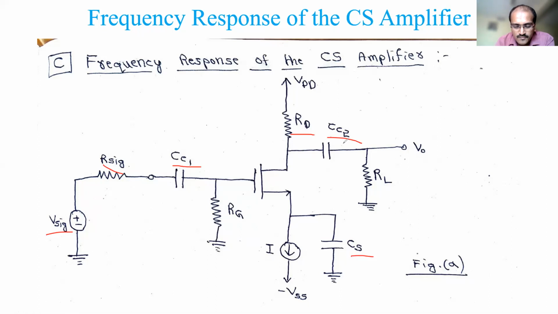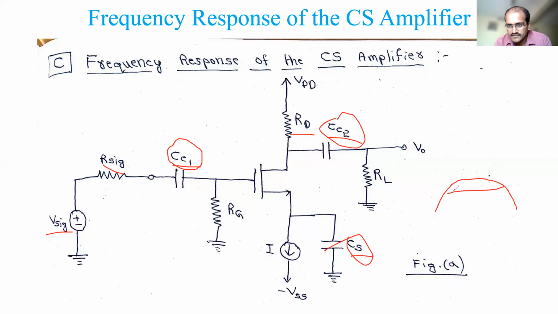We need to derive the lower cutoff frequency and upper cutoff frequency. For the lower cutoff frequency, these three capacitances play the major role: CC1, CC2 and CS. The frequency response curve will come like this, and that is the 3 dB cutoff frequency we mentioned.